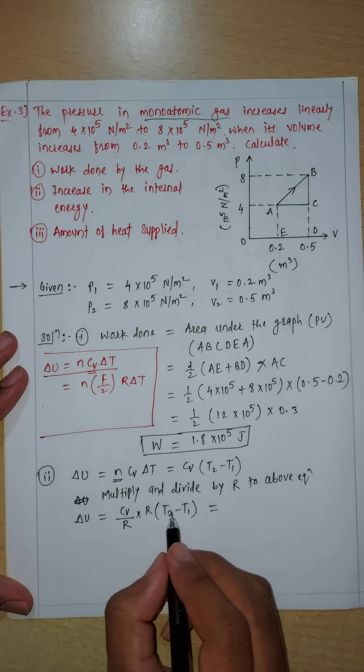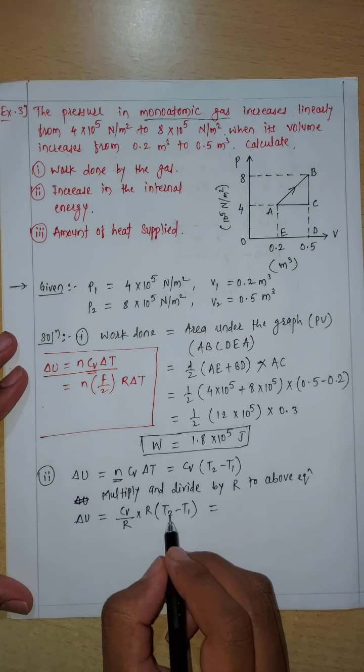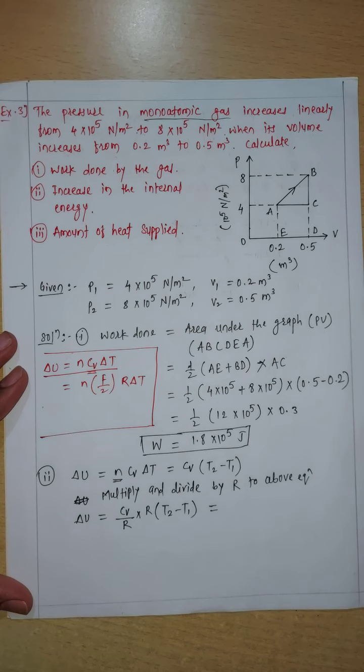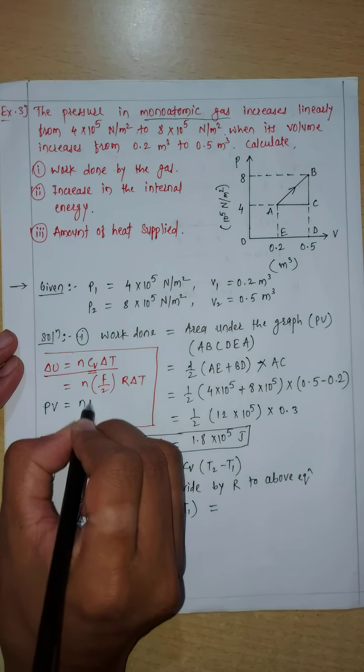If we multiply R into this bracket, you will get R into T2 minus R into T1. We have one formula, PV is equal to nRT.